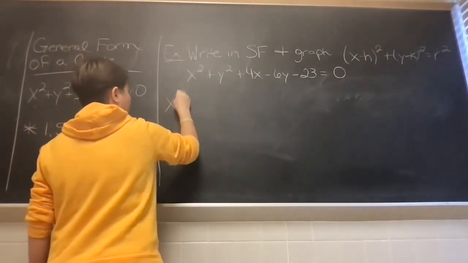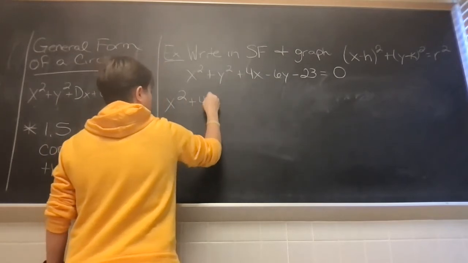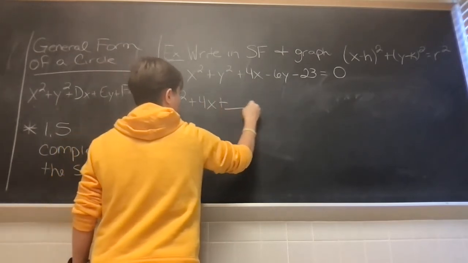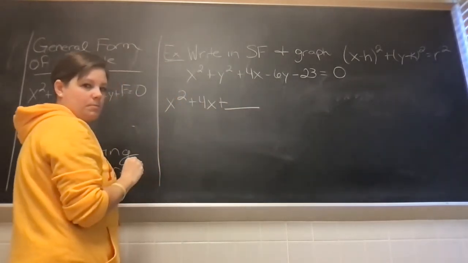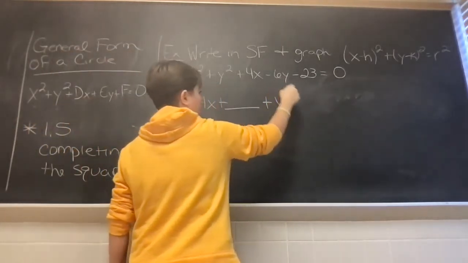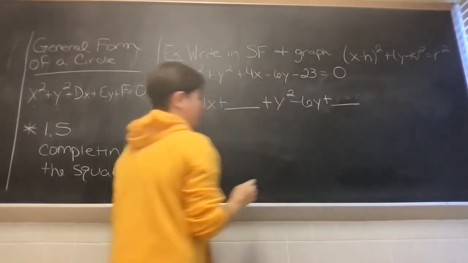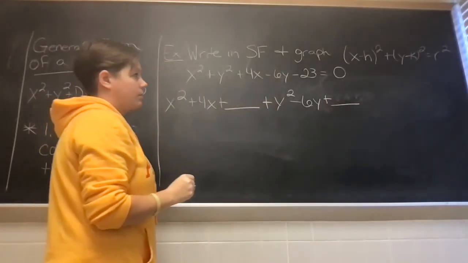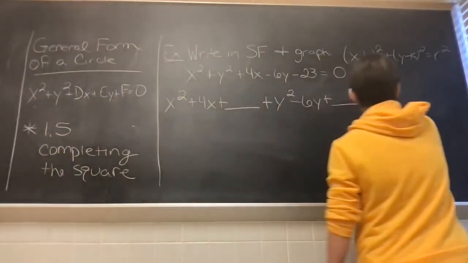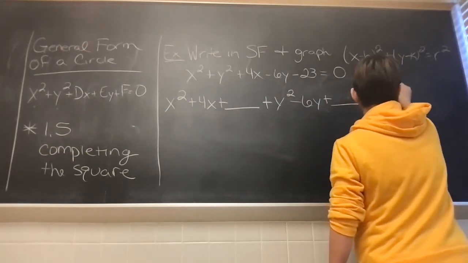So I have x squared and then 4x, and then I'm going to put a plus and a space. Then plus y squared minus 6y plus and a space. And I'm adding my 23 over, equals 23, not 24, 23.